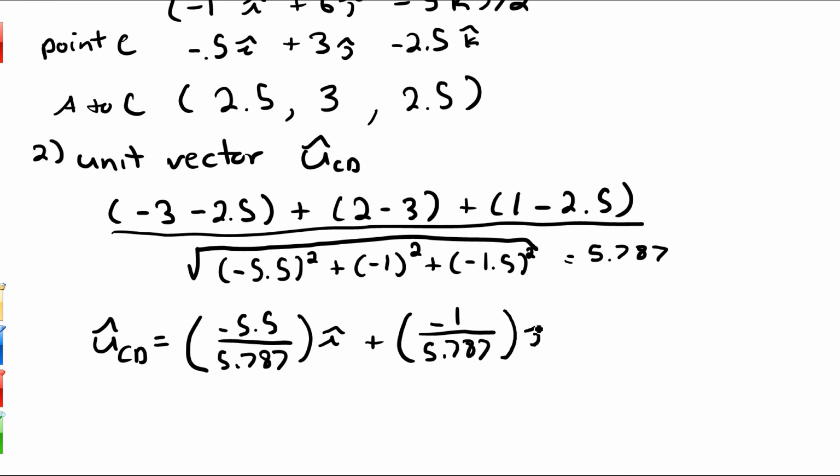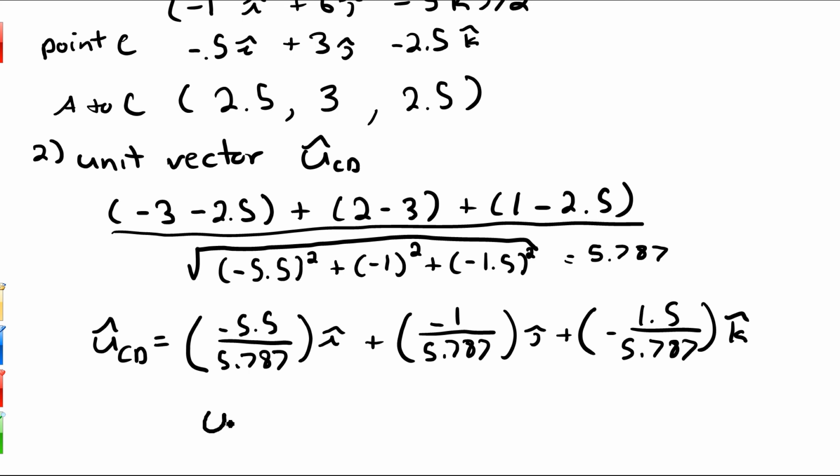This is in the J direction, and a negative 1.5 over 5.787. This is going to be in the K direction. So let's just go ahead and do a little bit of math and figure out what all these are going to be and put it in a nice point format, I guess.